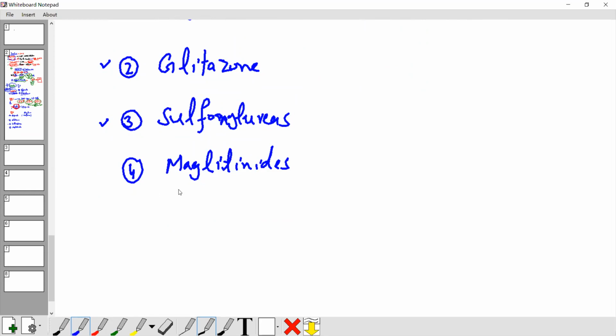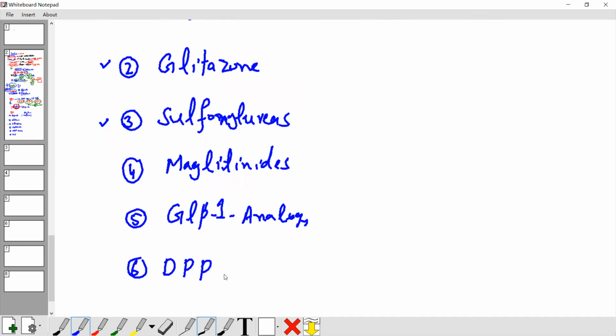Number 5, GLP-1 analog. Glucagon-like peptide 1 analog. Number 6, DPP-4 inhibitor.